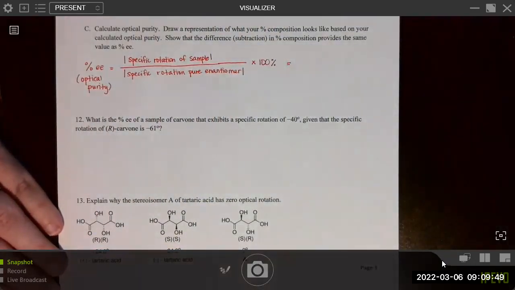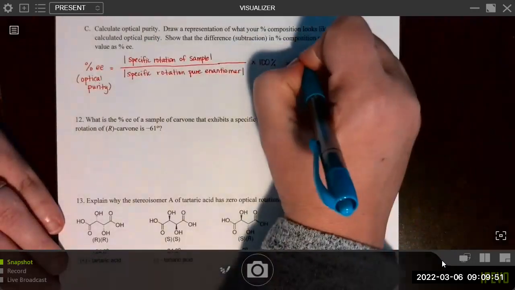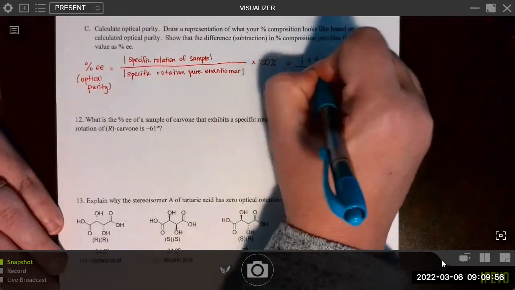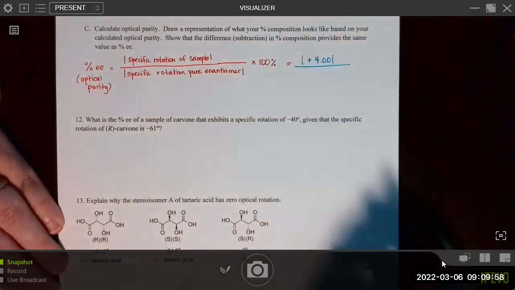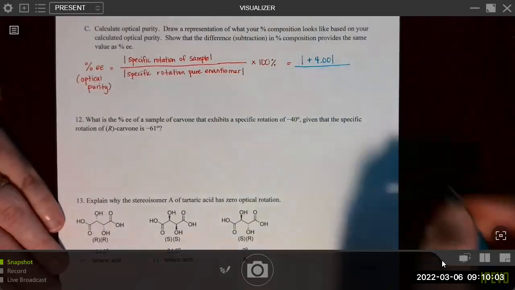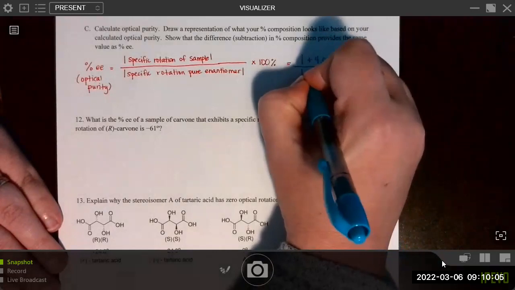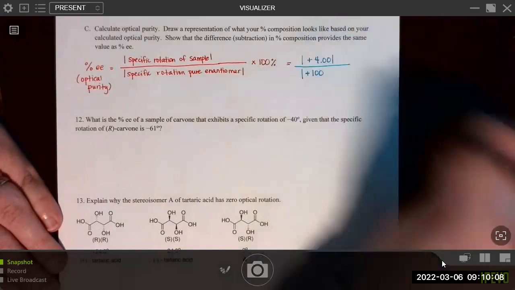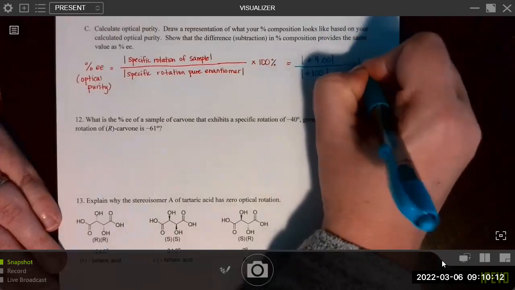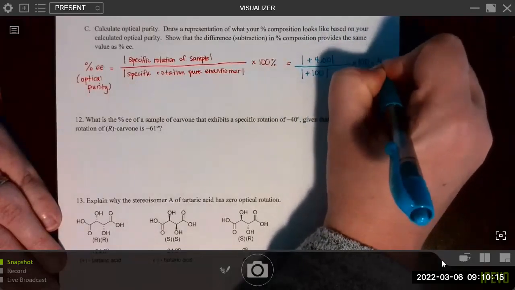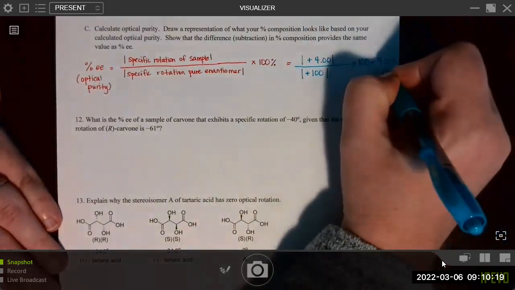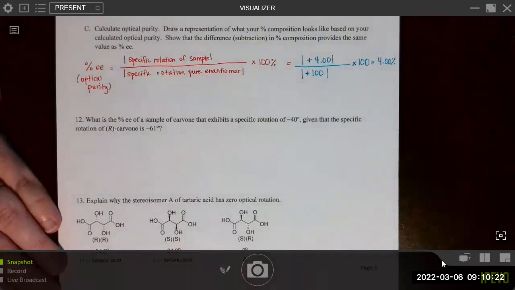So putting those values in, we have the absolute value of plus 4, which of course is already plus, so we didn't really need an absolute value, but if it had been negative, we would turn it positive, divided by plus or minus 100 times 100 is 4%. So we have 4% enantiomeric excess.